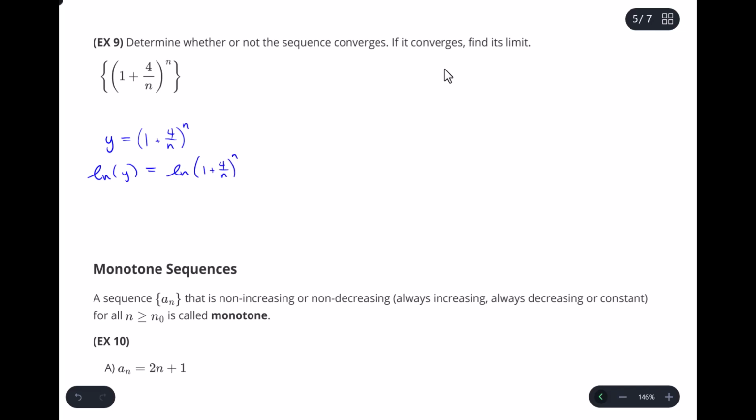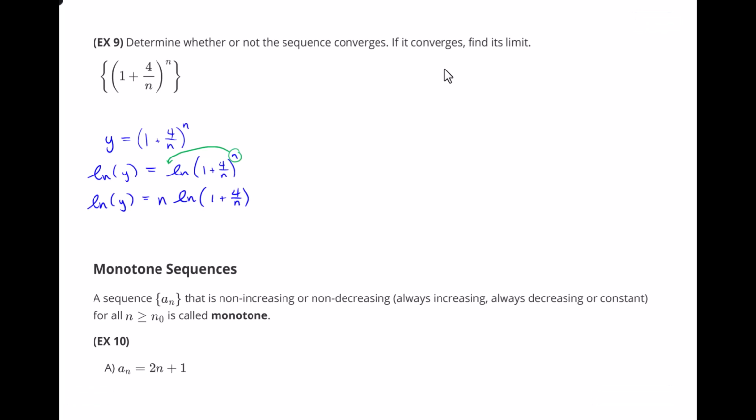Because that's just a property of logarithms, that you can take an exponent on the argument of your logarithm and make it a multiplier. So n times the natural log of 1 plus 4 over n.